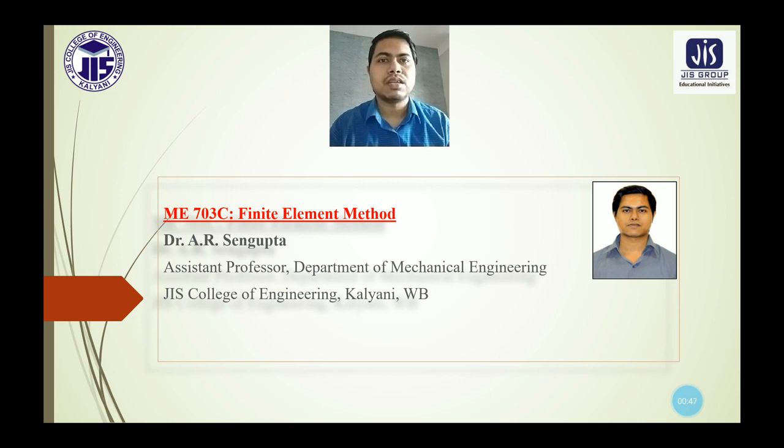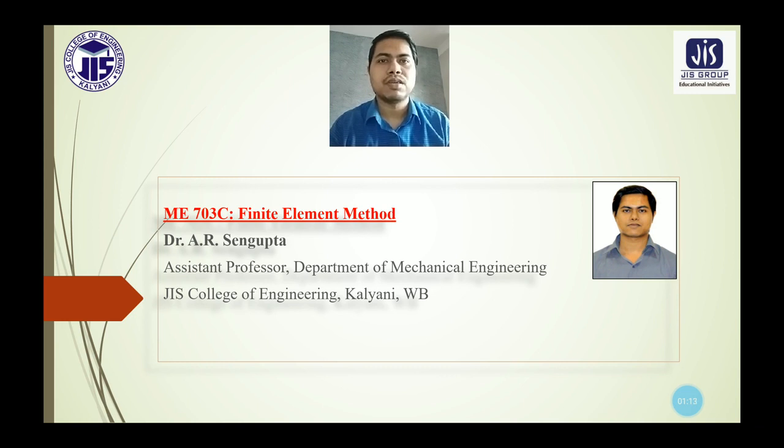Then in the earlier lecture we have discussed the concept of the serendipity elements and Gaussian quadrature. There we have seen the formula for the shape functions, and now in this lecture we will discuss different numericals, and there we will solve some numericals based on the concept of the Gaussian quadrature.